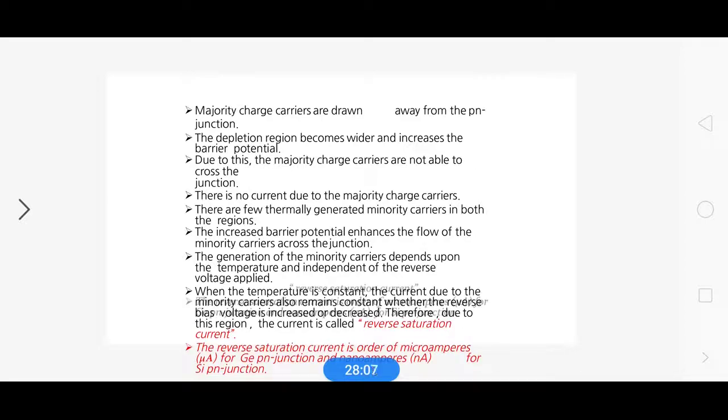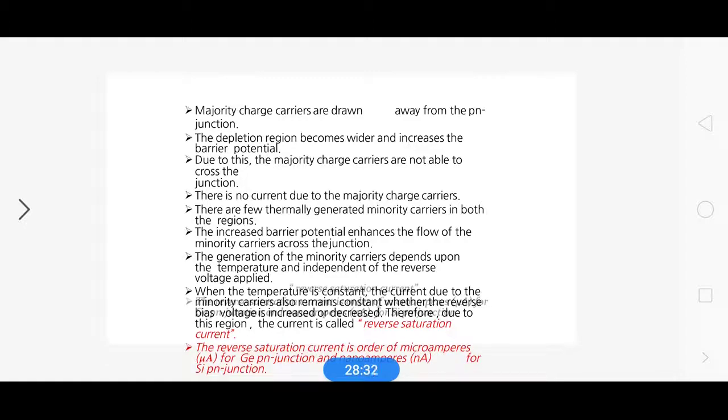Means if we increase the voltage or decrease the voltage, whatever be the voltage applied across the battery, at a particular temperature, the current is constant, called the reverse saturation current.